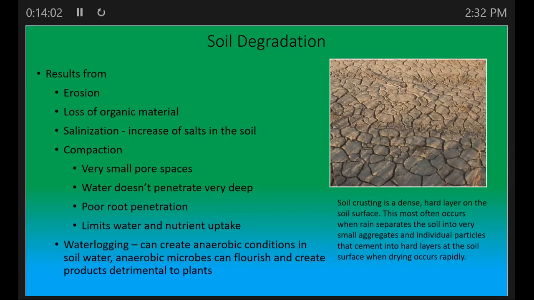Again, you don't need to be near an ocean for salinization to be an issue. Compaction is a real problem that sometimes, if you're not a grower of plants, you wouldn't think too much about, but just the machinery used on the fields is troublesome. Sometimes that can cause compaction, especially if the soil is too wet and then you have people driving over that.